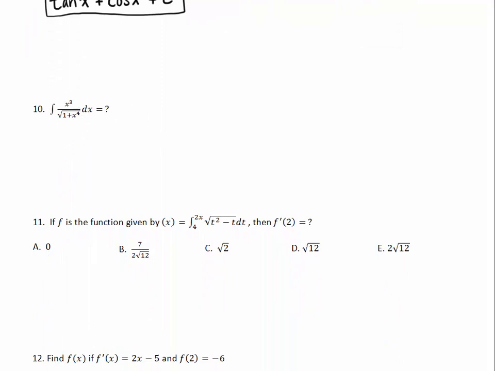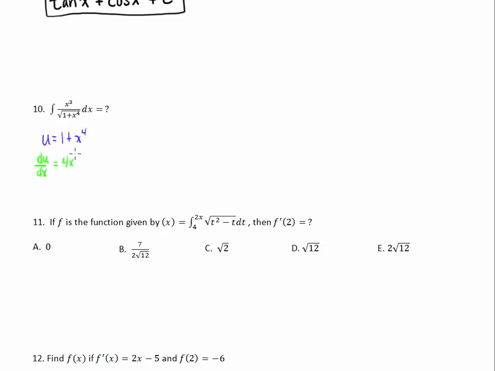I don't know what the antiderivative of that is, so we're definitely going to be using u substitution, and I'm going to use this bottom part, this 1 plus x to the 4th, as my u. And I like that because the derivative of 1 plus x to the 4th is 4x cubed, and I've got a multiple of that up here, so we like that a lot. So we're going to take the derivative of this with respect to x, so we get du over dx is equal to the derivative of 1 is 0.